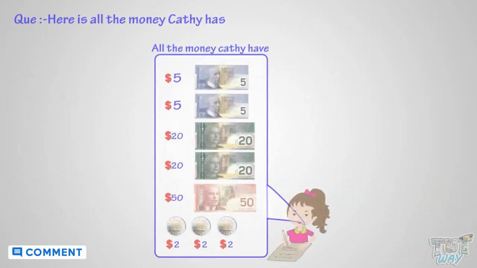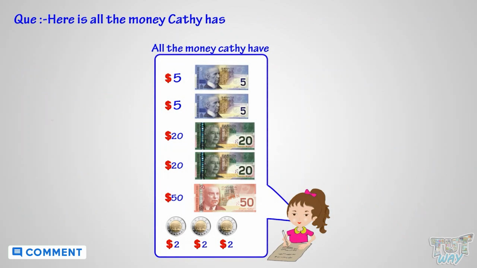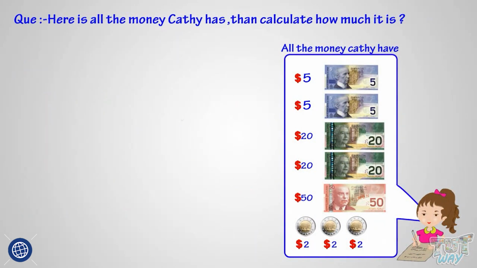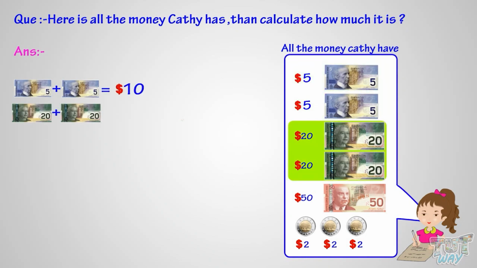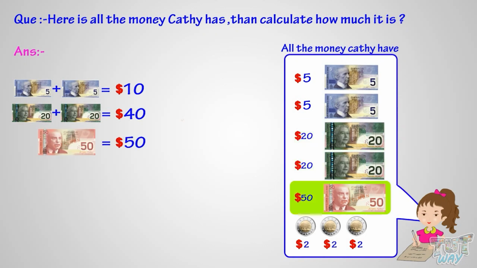Here is all the money Kathy has. Then calculate how much it is. Let's calculate. Kathy has 2 $5 bills, so it makes $10. 2 $20 bills, that makes $40. Then we have a $50 bill.